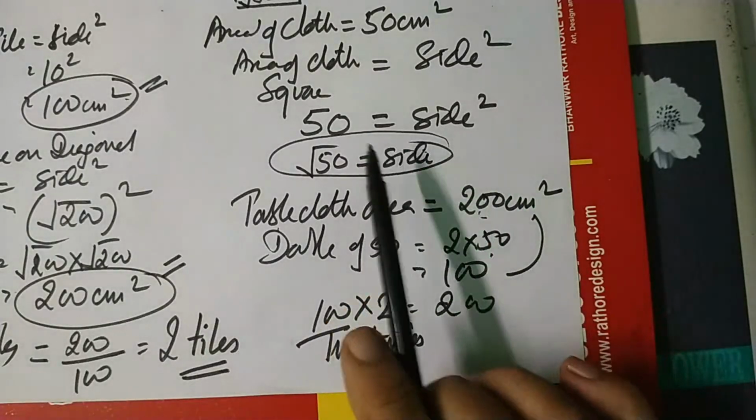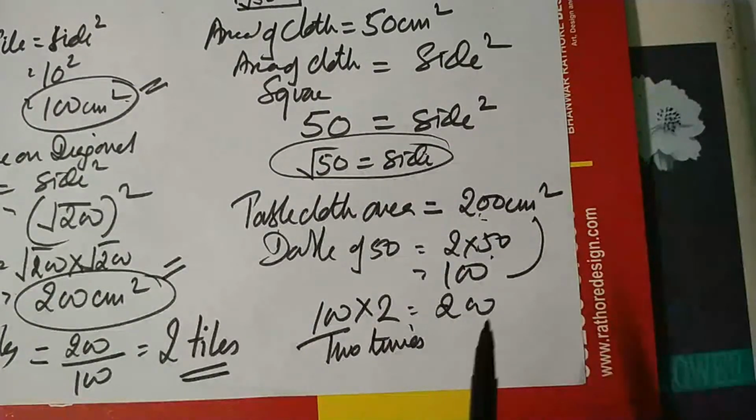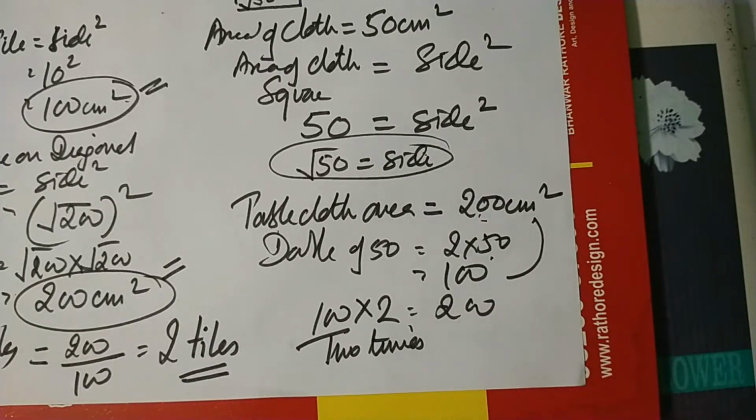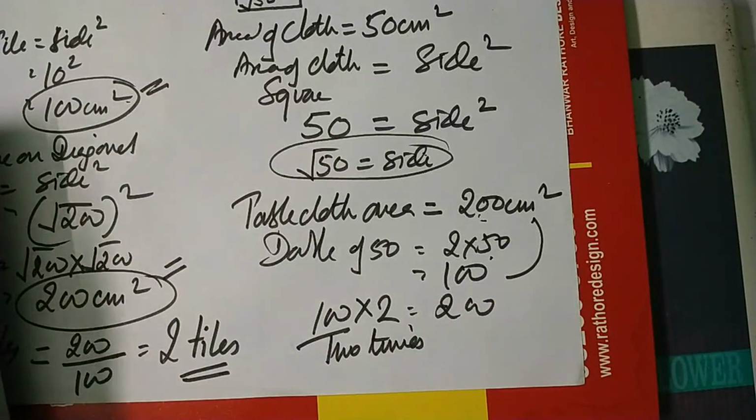She wants to convert a square of side under root 50 into a square of area 200. So under root 50 into under root 50 will become 50, and then under root 50 into under root 50 will become 50. So how will it become 2 times? I want all of you to think about this part and then try other questions.